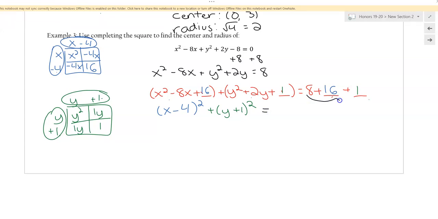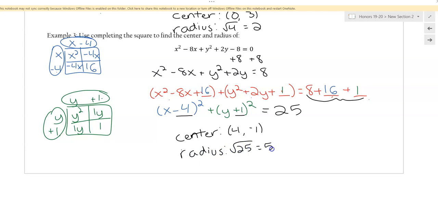And if I add up all of these, I get 25. Now we have our center radius form. Our center is 4, negative 1. And our radius is the square root of 25, which equals 5.